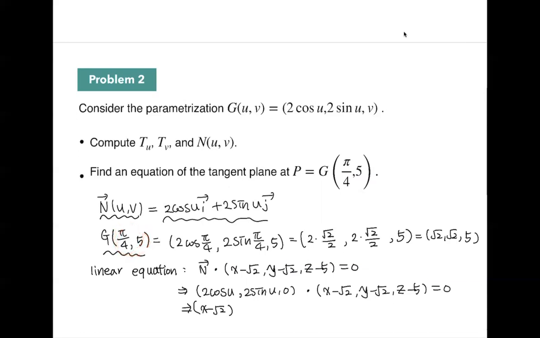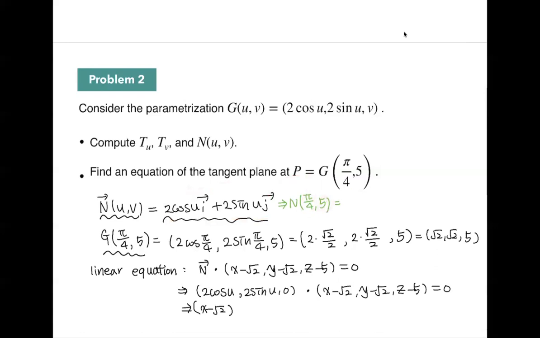So we can find the normal vector at a fixed point by putting u equal to pi over 4 and v equal to 5, but there is no v.